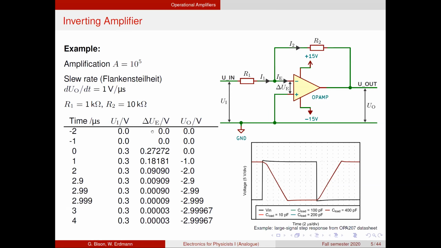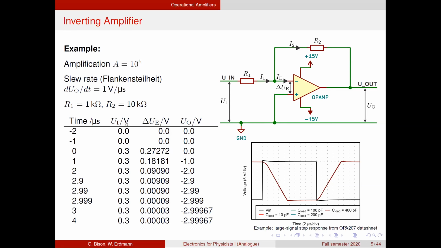Then we can simply calculate that given the resistor values, R1 is 10 times smaller than R2. So the weight in the weighted average is 10 times larger. And for that reason, we get almost the 0.3 volts, like 9/10 of the 0.3 volts, or actually 10/11 of the 0.3 volts as the input voltage here.